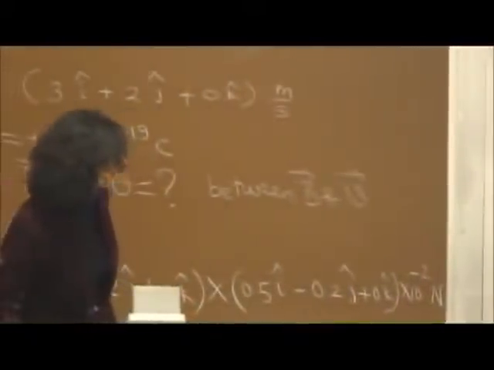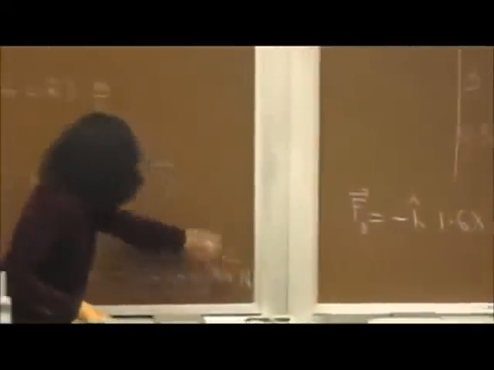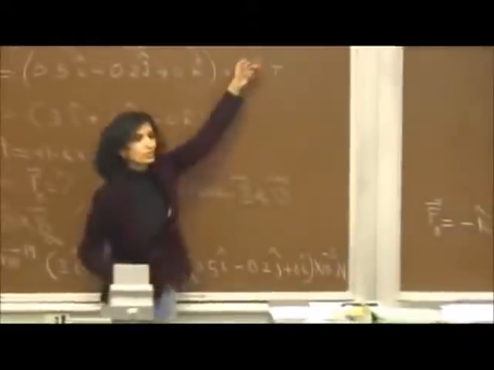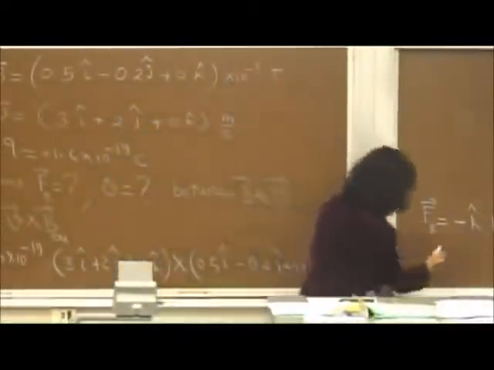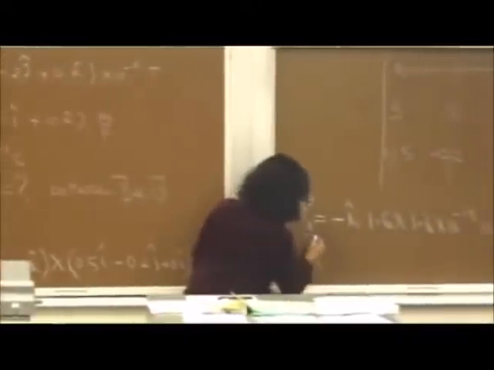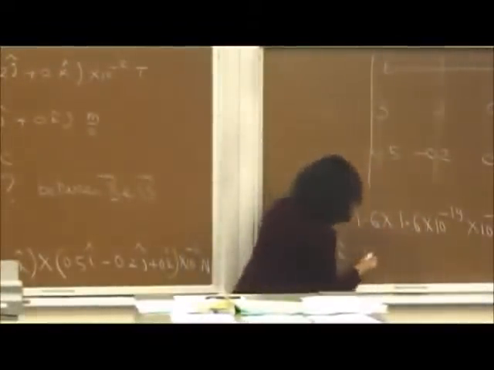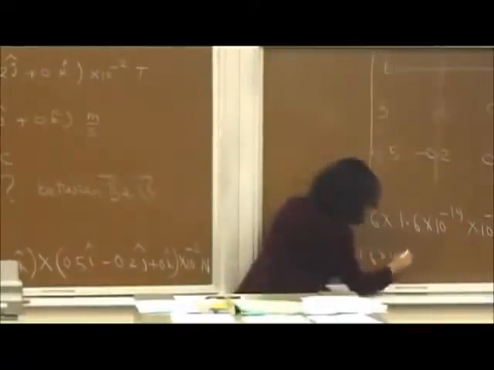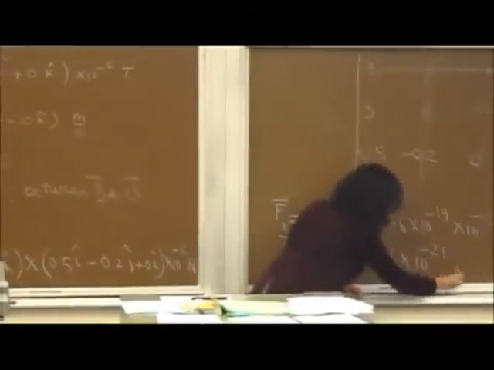Sorry, this is 2, not 12, and this minus 2 is coming from this minus 2. Thank you. So we find that the magnetic force is in the minus k hat direction, and it's basically 1.6 times 1.6 times 10 power minus 21 Newton.